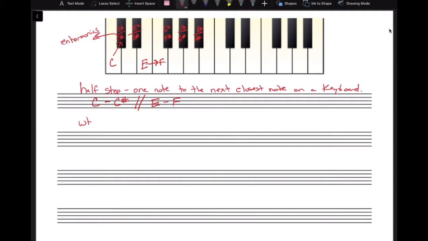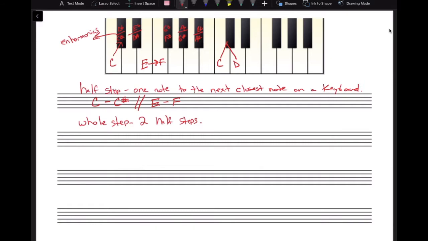Now, we also have whole steps. Quite simply, a whole step is 2 half steps. So if we start on C and we go 1, 2, that is a whole step.